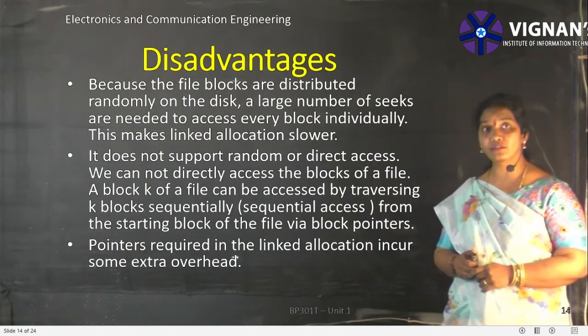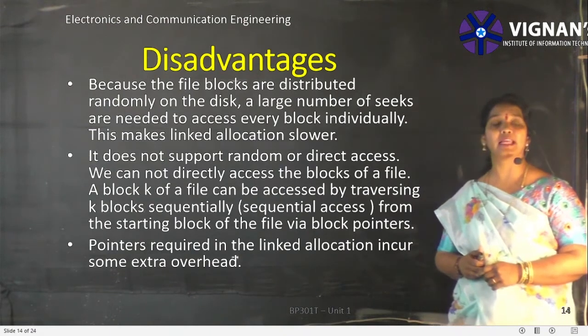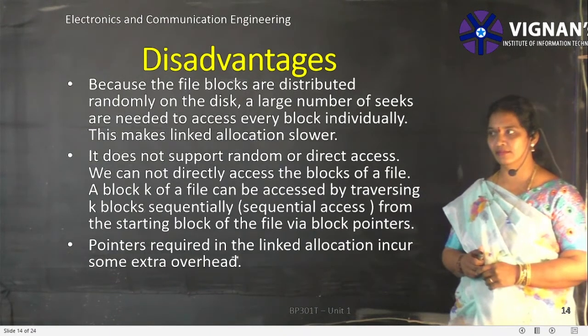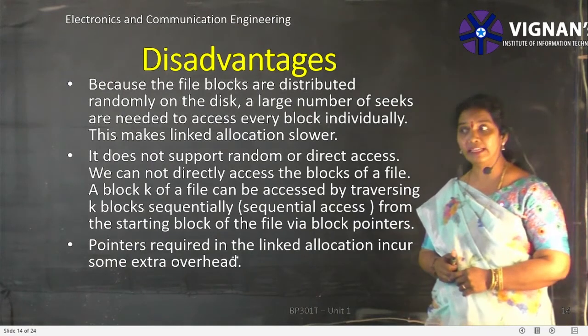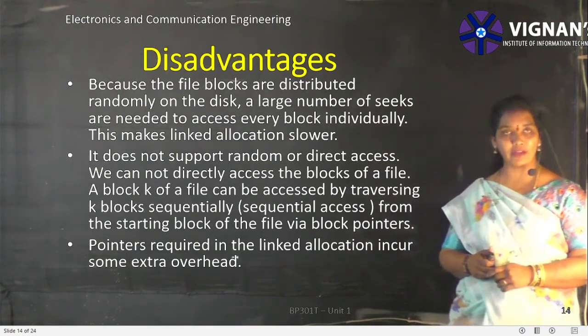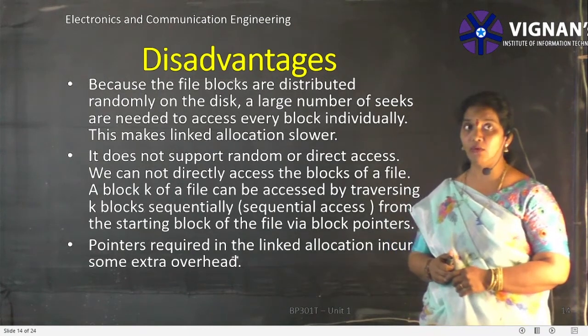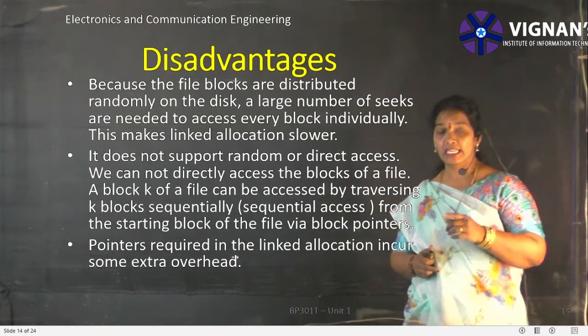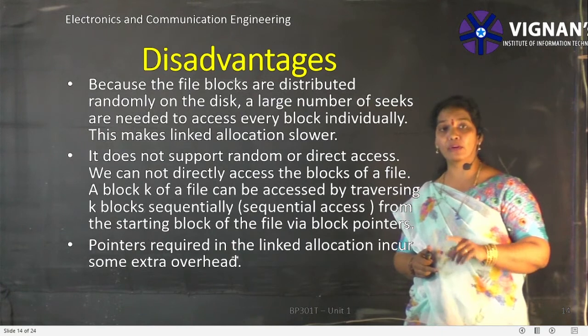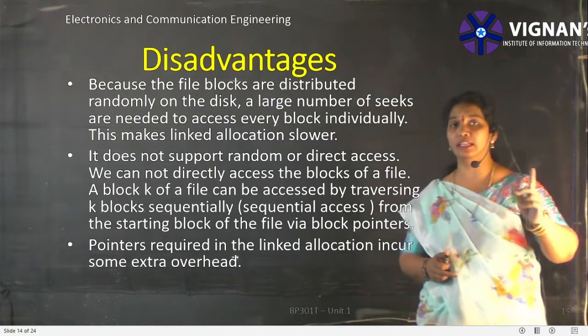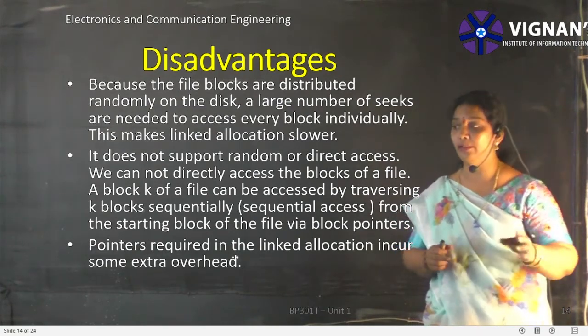It does not support random or direct access. We cannot directly access the blocks of a file, the way we accessed them in contiguous allocation. Each and every file block has to have a pointer to the next block because they are randomly stored.